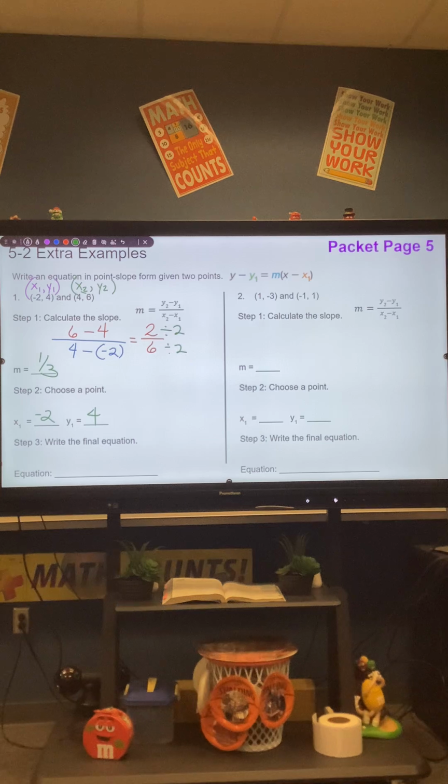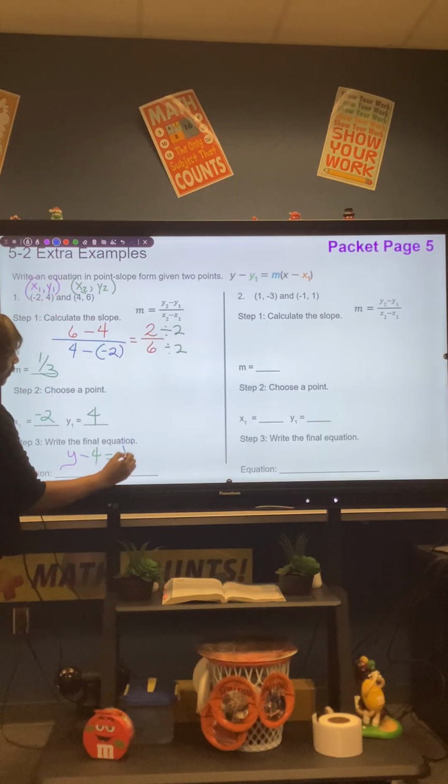After you identify the point, all you got to do now is substitute the values in. You calculate the slope. You select the point. You write the equation. Okay? So here we go. Y is still y. Y minus y1, which is 4, is equal to my slope, which is 1/3.